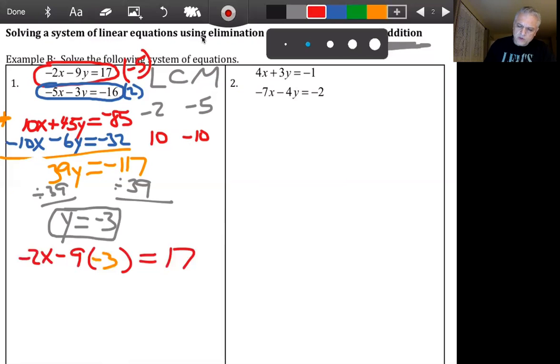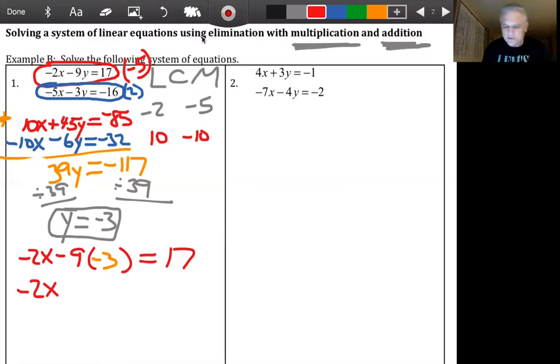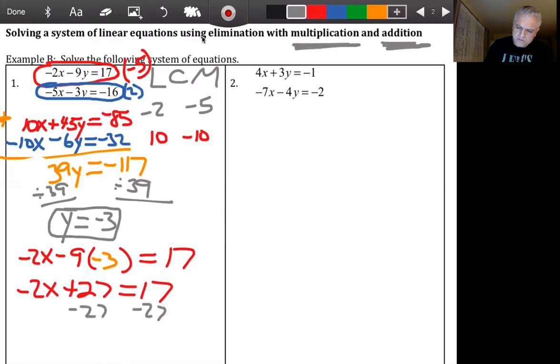Okay, so let us simplify. Okay, so negative 2x minus 9 times negative 3 is a plus 27. Now we're back to old school. Subtract 27. We've got negative 2x. We got negative 10.